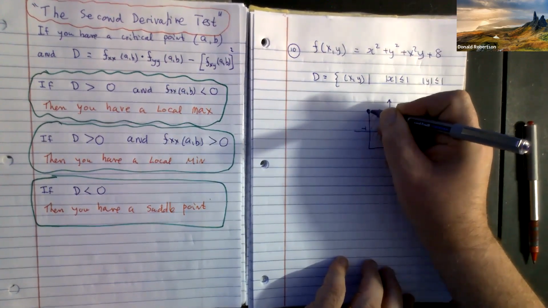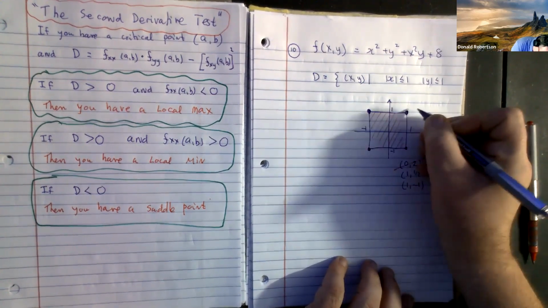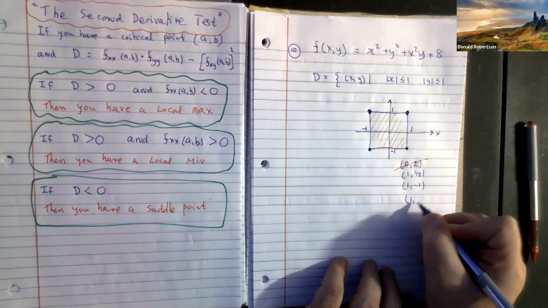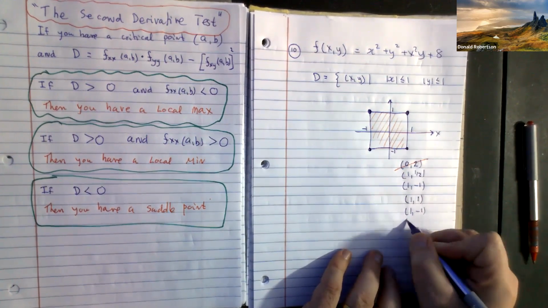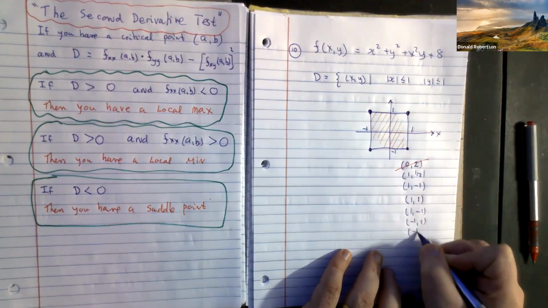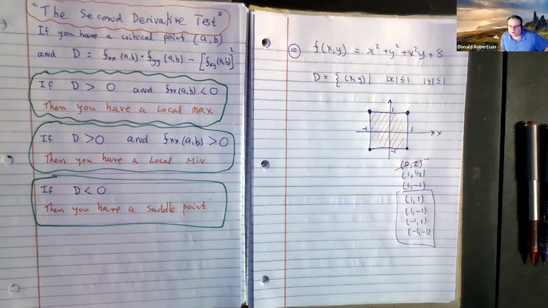You just have to trust me on this. But the coordinates of the four corners, those guys, they become possible places for a local min and a local max.